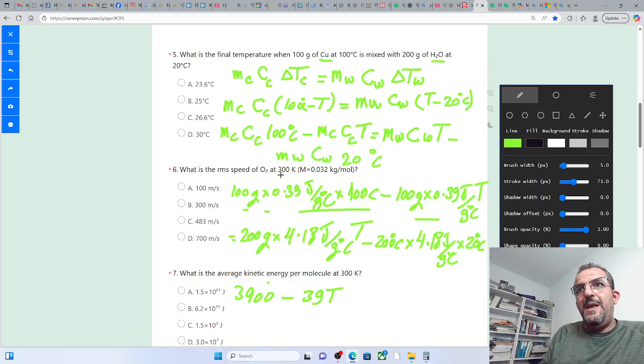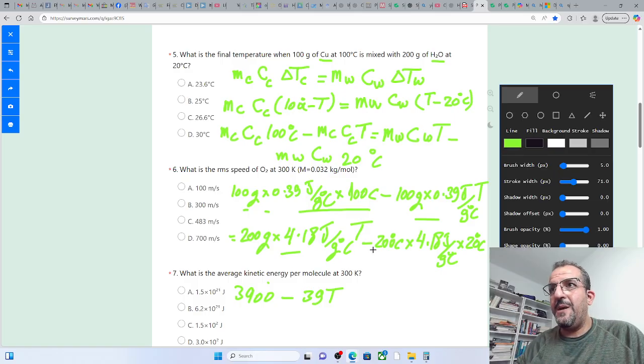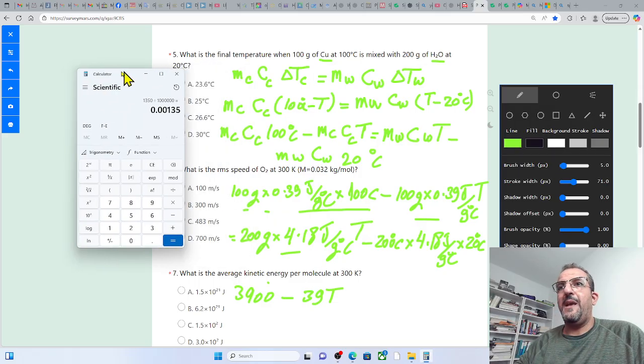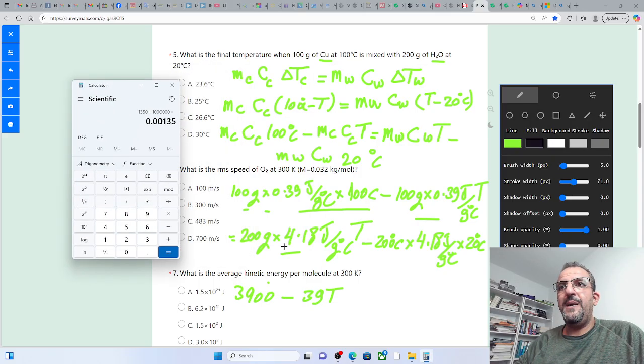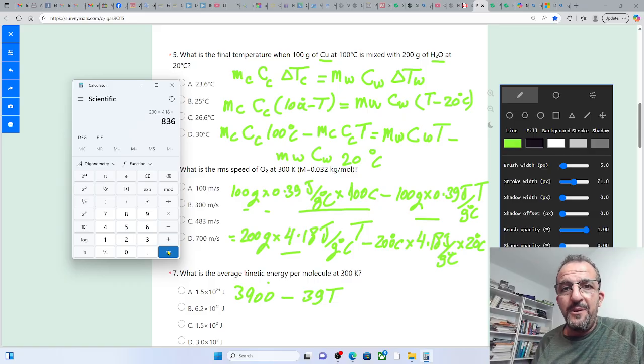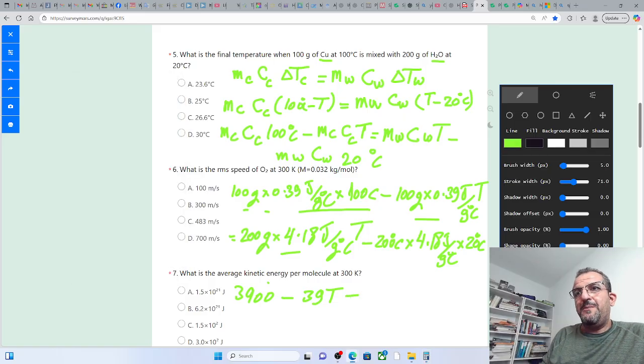And from here, let's see, I will bring the calculator so that's going to give me the exact number. So I have 200 times 4.18. Let's do that. 200 times 4.18 is equal to 836. I'm going to write that down.